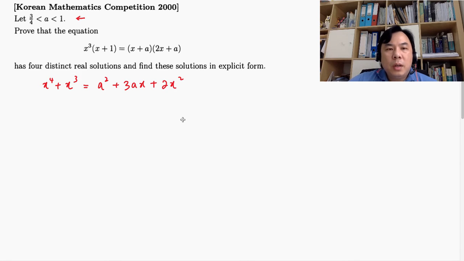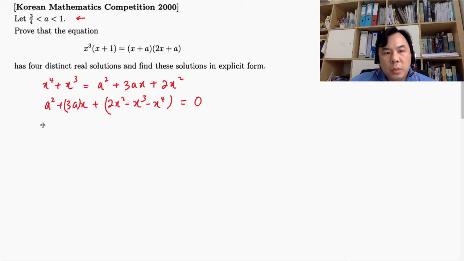Now, other than representing this as a polynomial equation in terms of x, we can also restructure it so that it is a polynomial equation in terms of a. That's exactly what we are going to do here. So it will be 2x minus x cubed minus x to the fourth equals 0. It can be restructured in such a way.